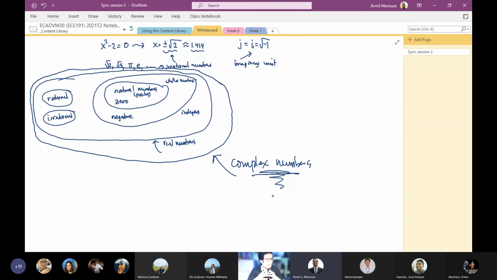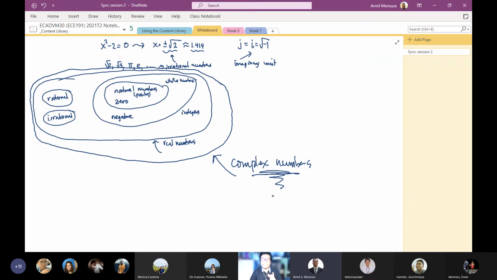That can answer every known equation that we have as of now. Okay? So, kung titingnan niyo yung history nung sets of numbers natin, mathematicians keep on inventing sets of numbers in order for them to solve certain equations. And as of now, this set of complex numbers are the largest set of numbers that we know of that can answer every equation that we know of.